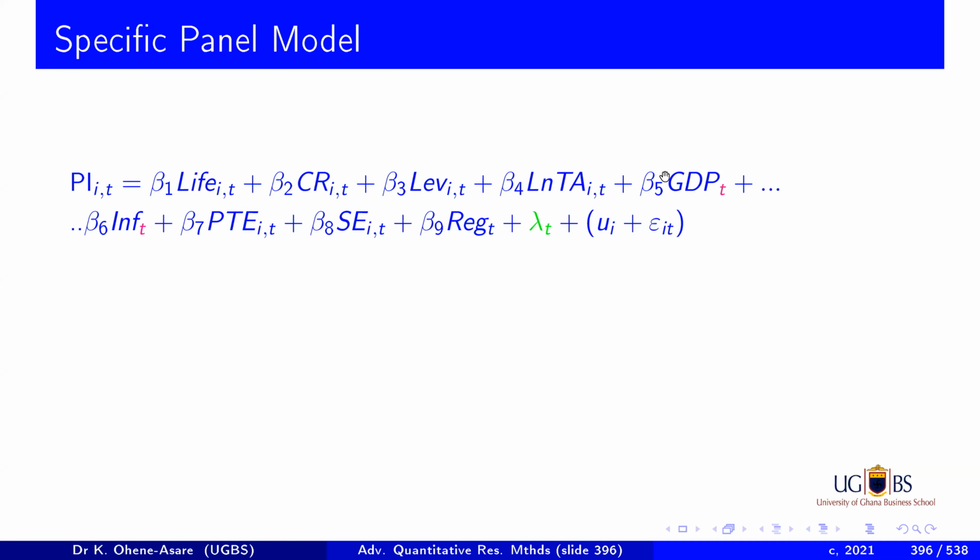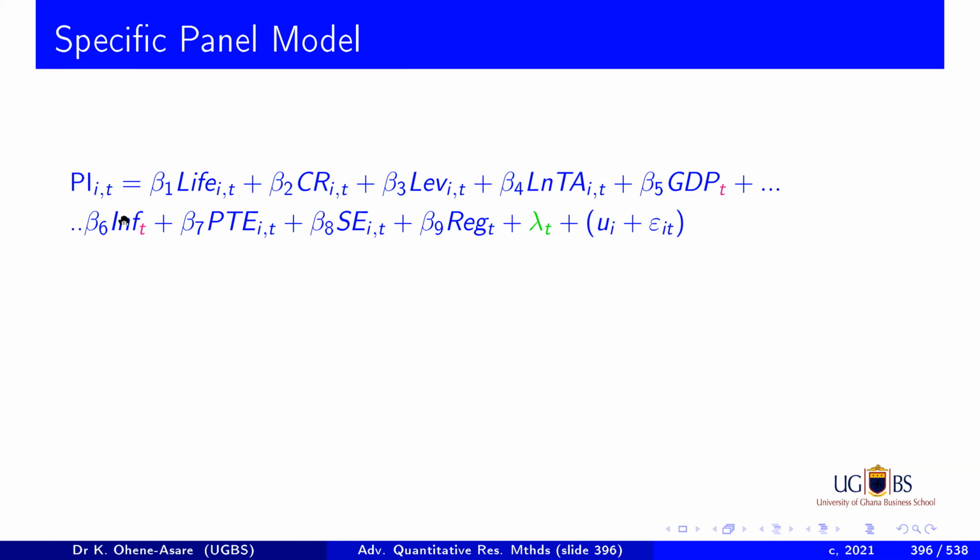And then it was dependent on GDP, but GDP was not individual dependent. It was time varying, but individual non-varying. So you can see that it had only a subscript of T. Inflation, the same.